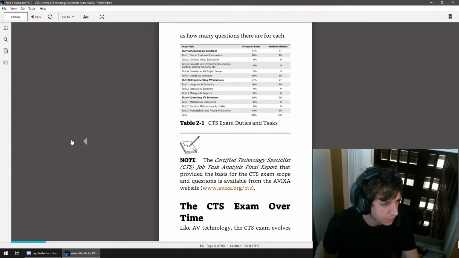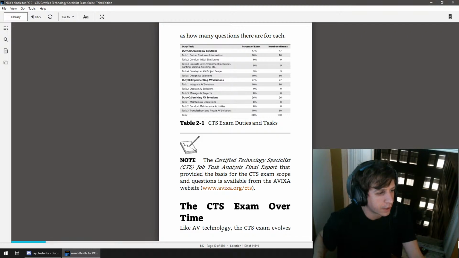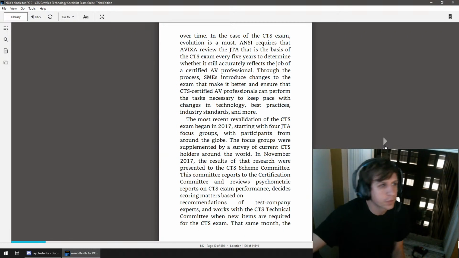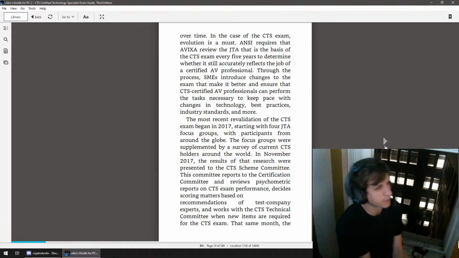The CTS exam over time. Like AV technology, the CTS exam evolves over time. In the case of the CTS, evolution is a must. ANSI requires that AVIXA review the JTA that is the basis of the CTS exam every 5 years to determine whether it still accurately reflects the job of a certified AV professional.